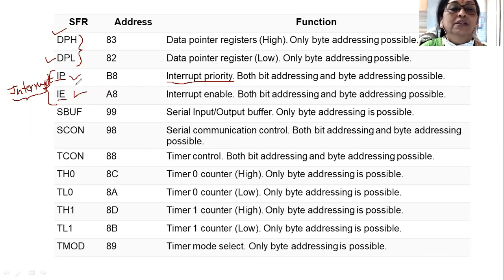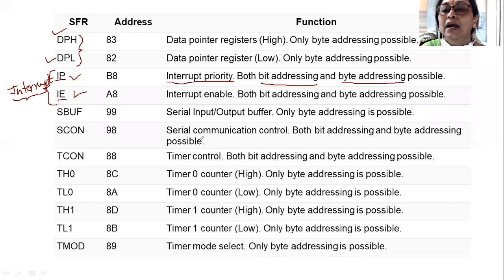This interrupt priority register is both bit addressable and byte addressable. By default, the priority of the interrupts is decided by 8051. But if a programmer wants to design his own priority, that is made available with the help of a register called the interrupt priority register.